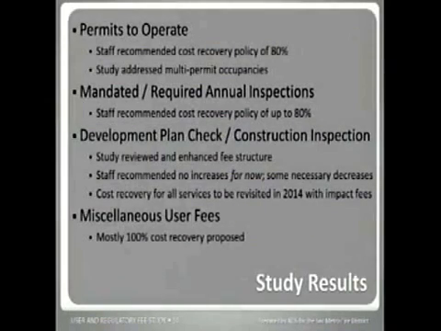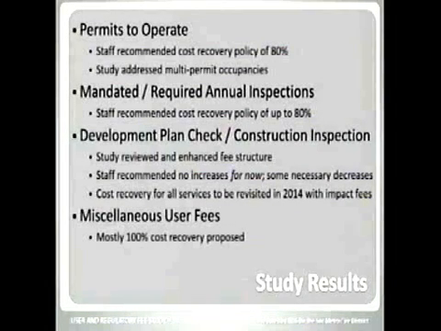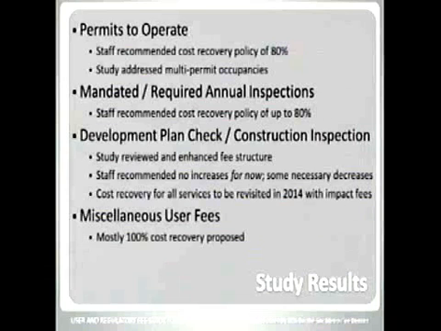And this is a breakdown of what those recommendations were once we went through them. Staff recommended a cost recovery policy of 80% related to permits to operate, and the study addressed the issues of multi-permit occupancy fees. Mandated and required annual inspections were also a cost recovery policy on average of 80%. And for development plan check and construction inspection, we reviewed and enhanced the fee structure.